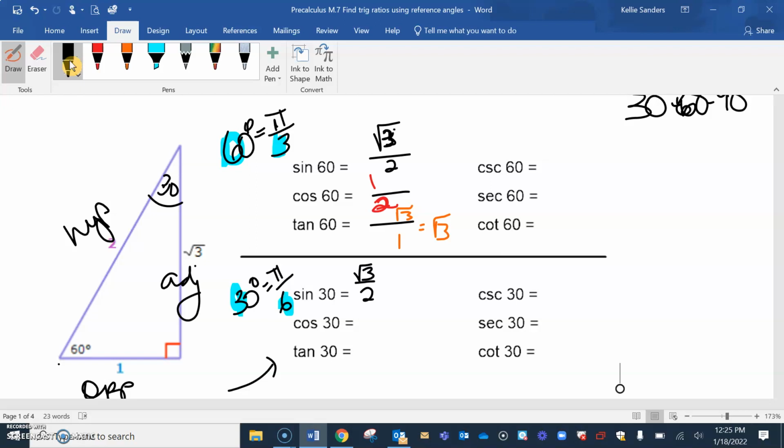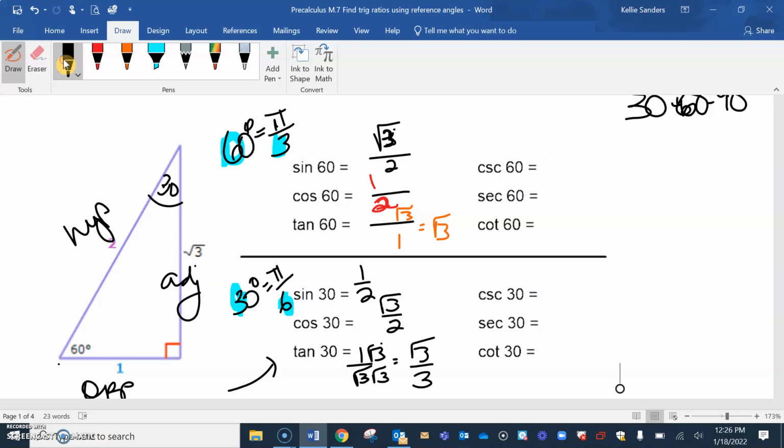Cosine, that's so not right. My bad. I went blank. Sine 30 is 1 over 2. Cosine 30 is square root of 3 over 2. And tangent 30 is 1 over square root of 3, but you can't have a square root of 3 on bottom, so we multiply by square root of 3 over square root of 3 and get square root of 3 over 3.